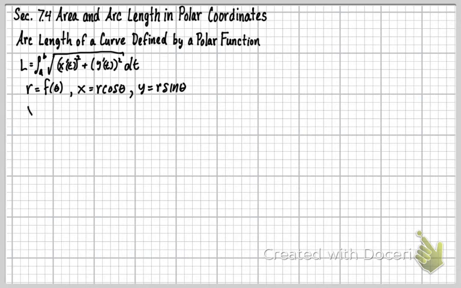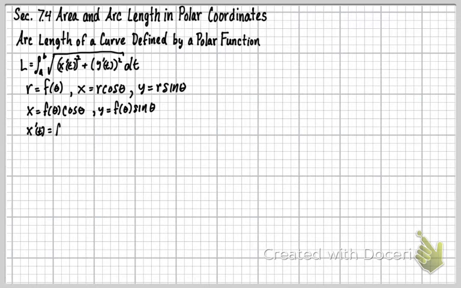So then my x is going to equal f theta cosine theta, and y is going to equal f theta sine theta. And then when I take my x prime of t, we have a product rule here.